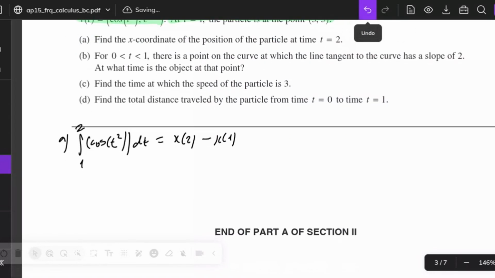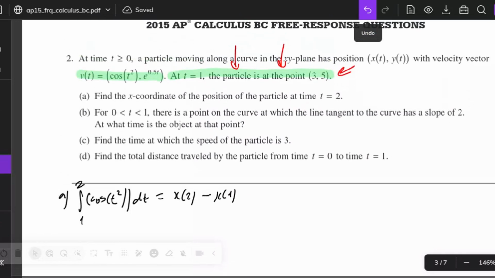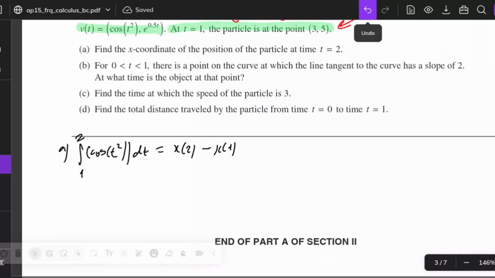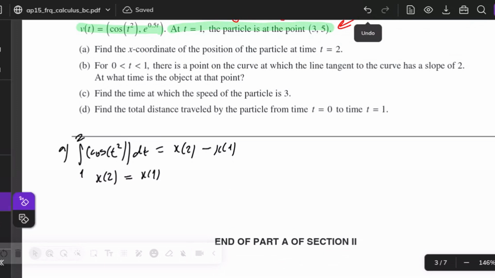And since we're trying to solve for x(2), and we know x(1), x(1) is equal to 3. We can rewrite this as x(2) is equal to x(1), or 3, plus the integral from 1 to 2 of cosine t squared dt.